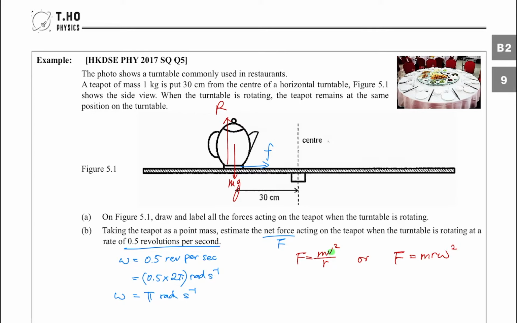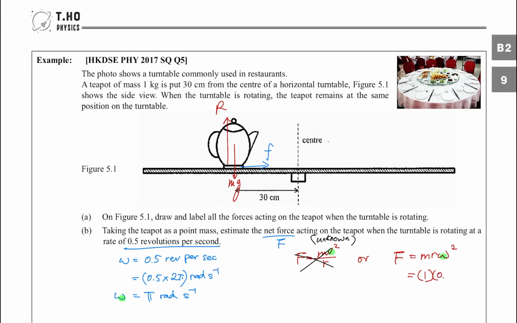But why? Because if you see carefully, the linear speed is not given. We only know the angular speed, which is already found here. So we would not use this.